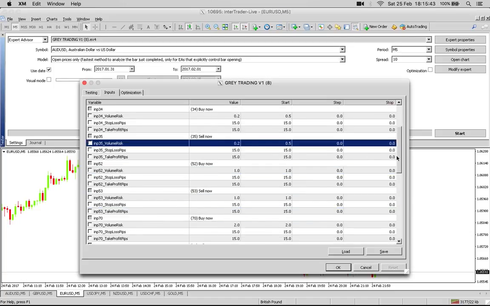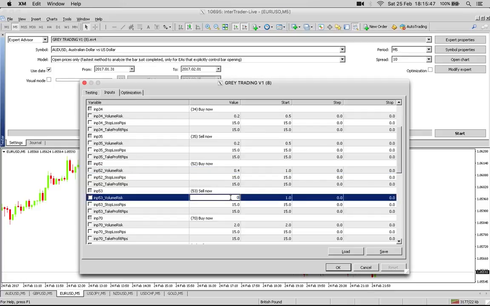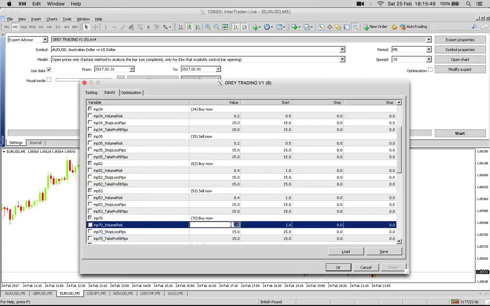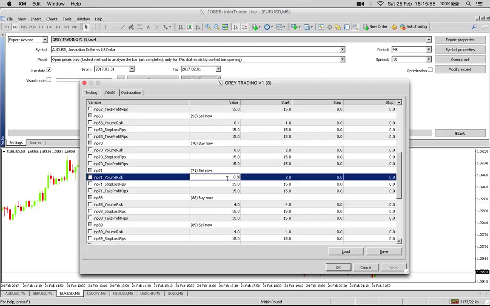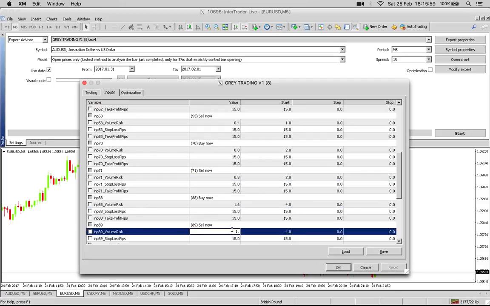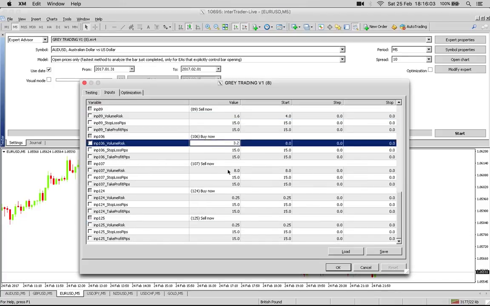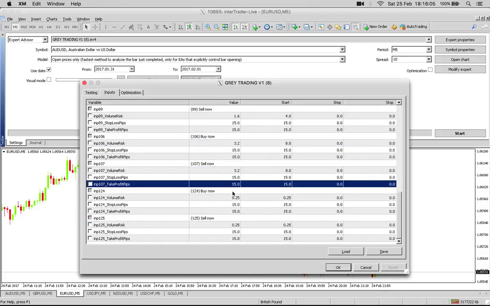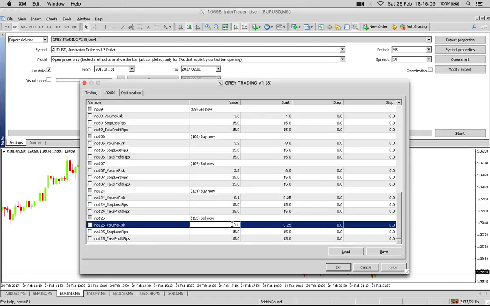What I'm doing now is lowering the exposure on my trading account. I'm only ever going up to 0.8% so far. Then it goes to 1.6, and 3.2.